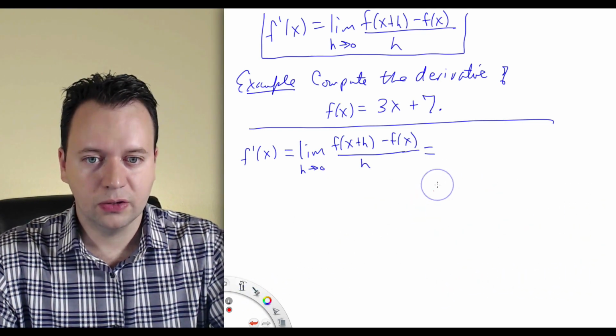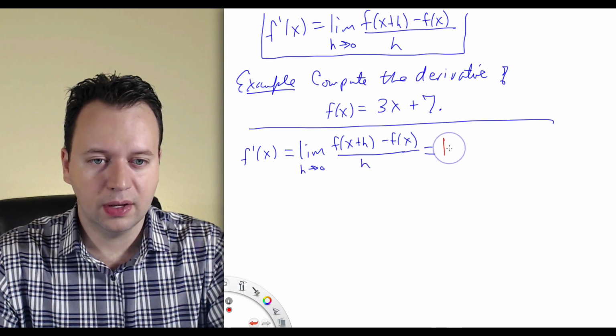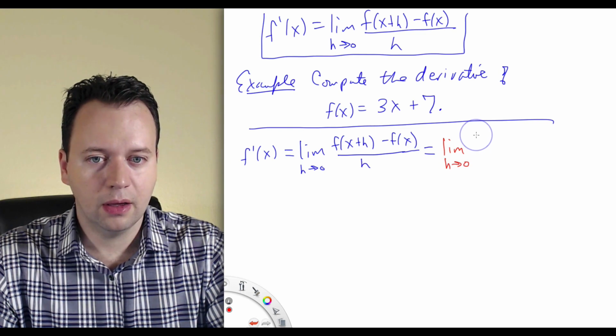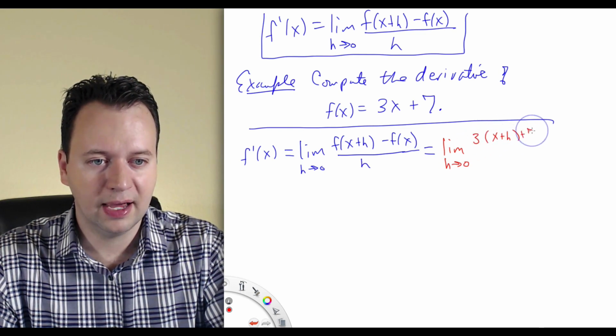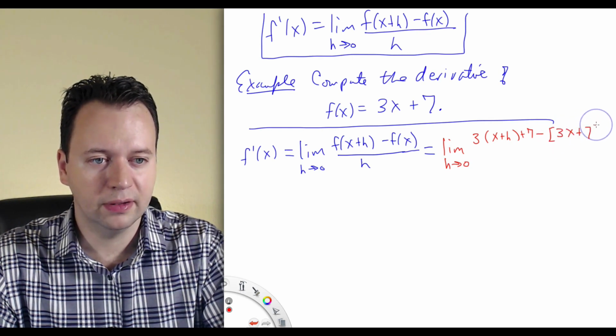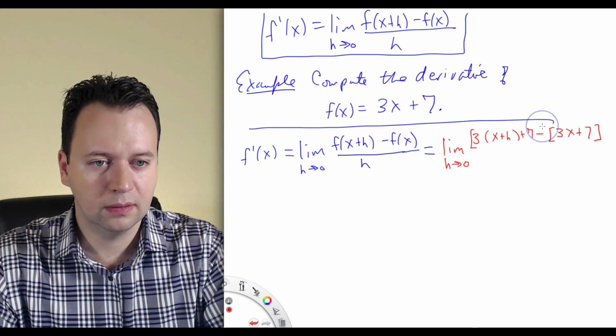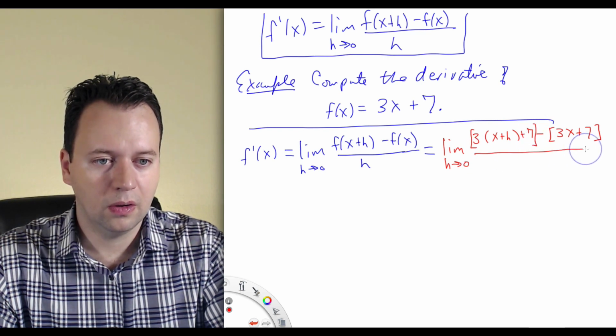Okay, so that means that we get the limit as h goes to 0 of 3x plus h plus 7, and then minus 3x plus 7, all over h.